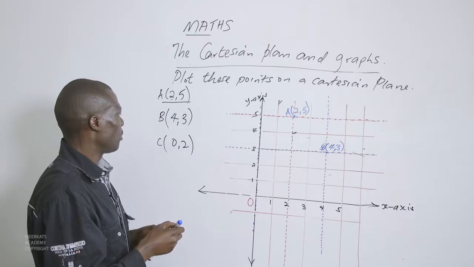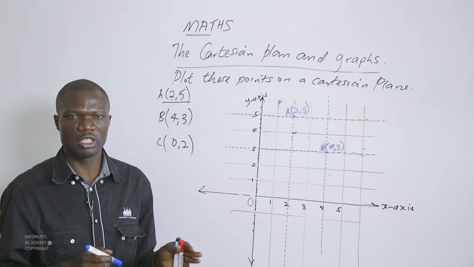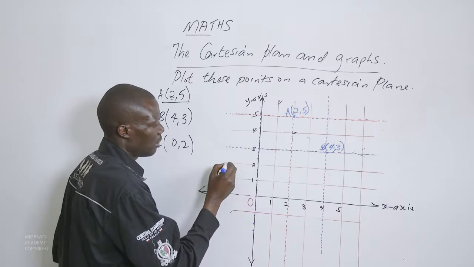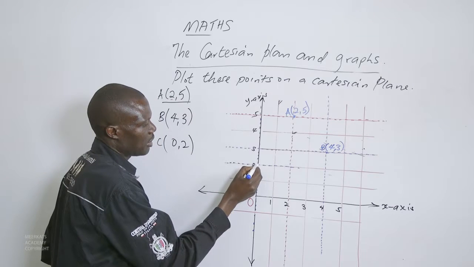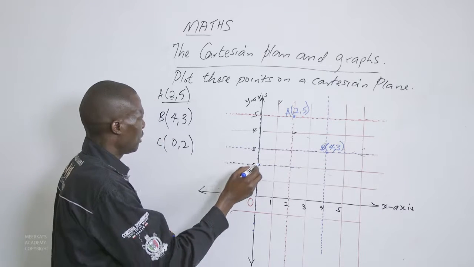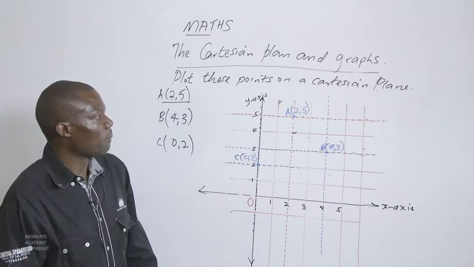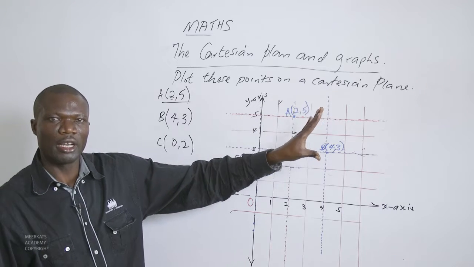Now, for 2, it is how far the point 2 is from the origin along the y-axis. So this is 1, this is 2. We'll expect you to move along this. Now, you realize that the point that is coming up is this point here. That is the point C, which is 0, 2. So this is our Cartesian plane.